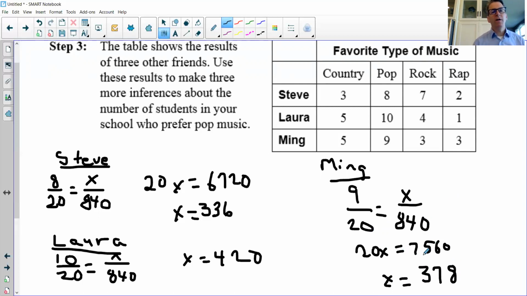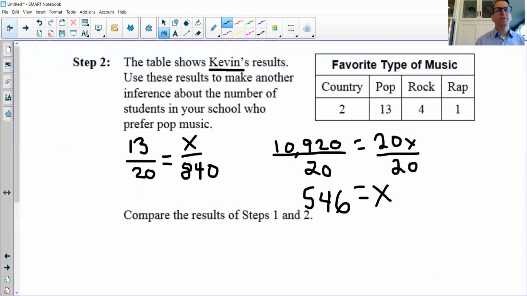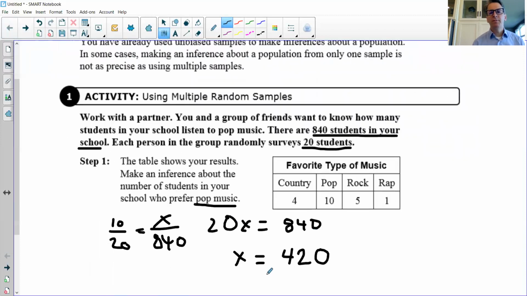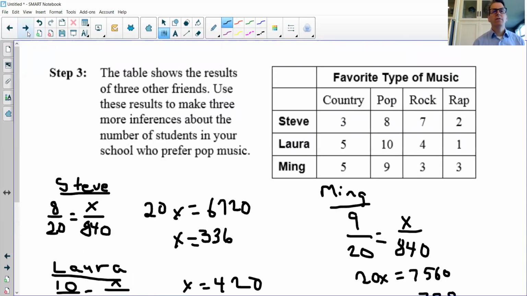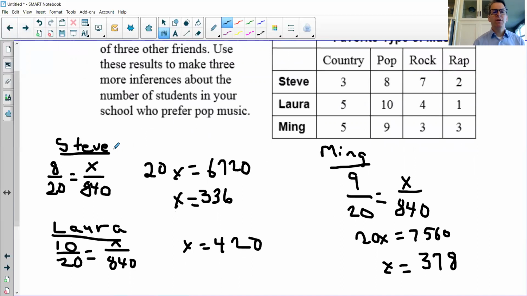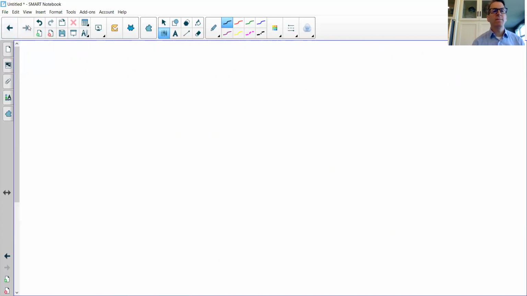If you look at all of these samples, you go back to step 1, the sample told us about 420 people. Step 2, 546 like pop, according to Kevin's sample. Step 3, Steve's sample put us at 336, Laura's sample put us at 420, and Ming's sample put us at 378.